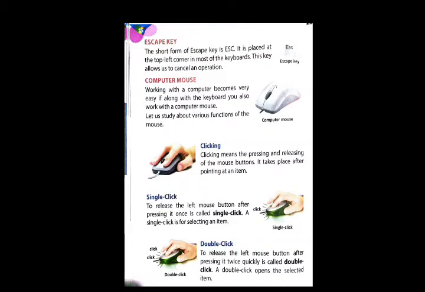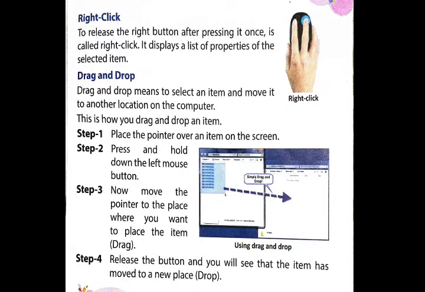Next is double click. To release the left mouse button after pressing it twice quickly is called double click. A double click opens the selected item. If you want to open the selected item, then you have to press the left mouse button twice quickly. It is called double click. Next is right click.